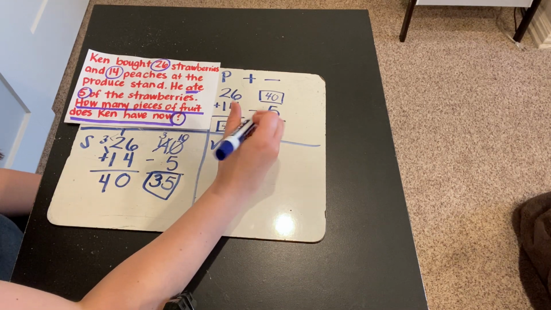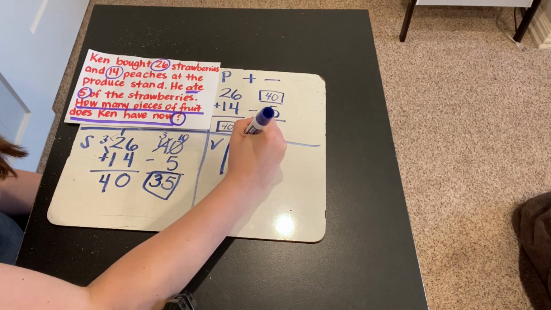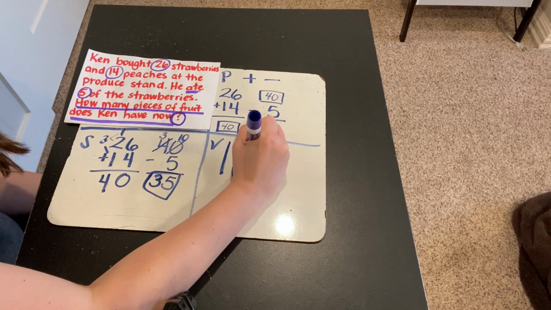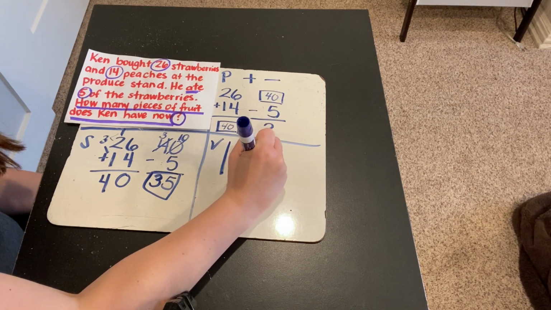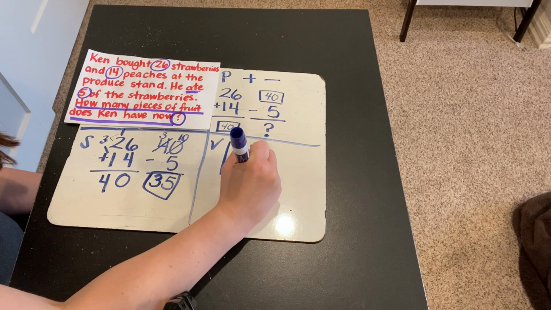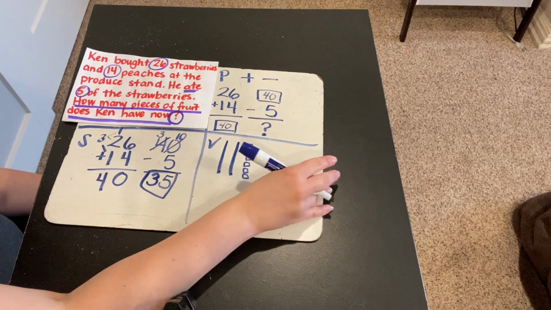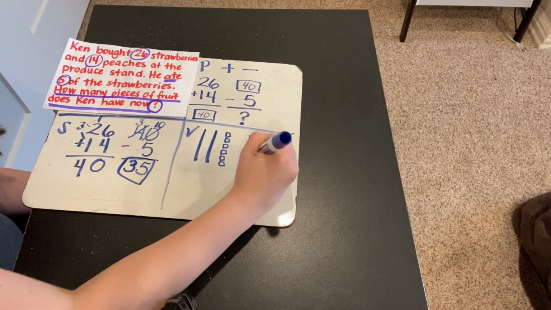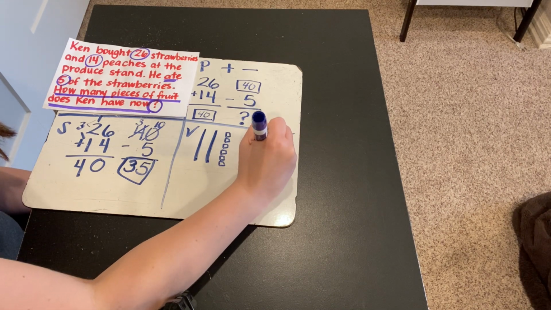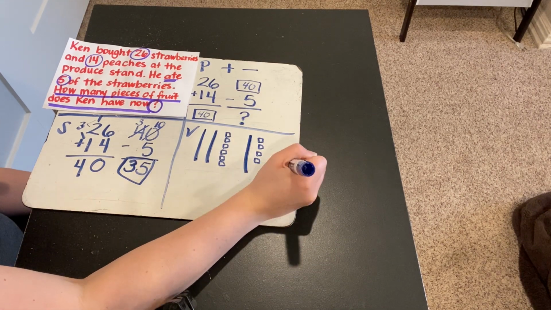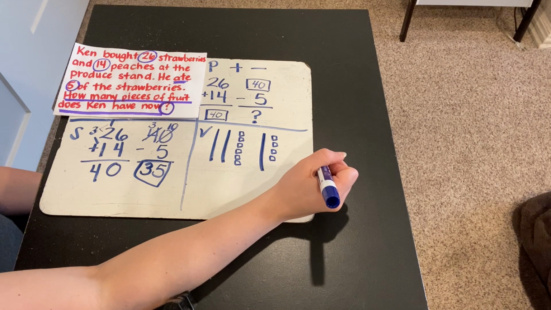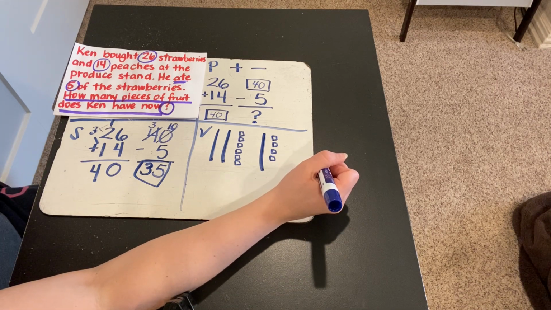All right, so Ken bought 26 strawberries. 10, 20, 21, 22, 23, 24, 25, 26. And 14 peaches. 10, 11, 12, 13, 14. Okay? And then he ate 5 of the strawberries.